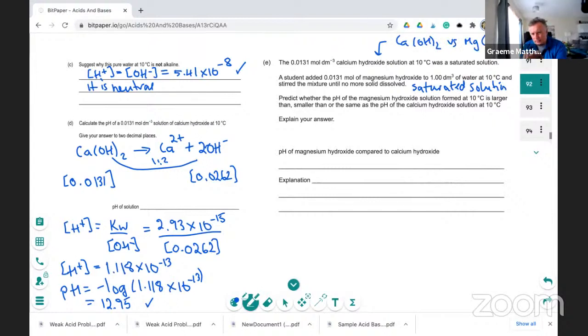So something's going on with hydroxides.